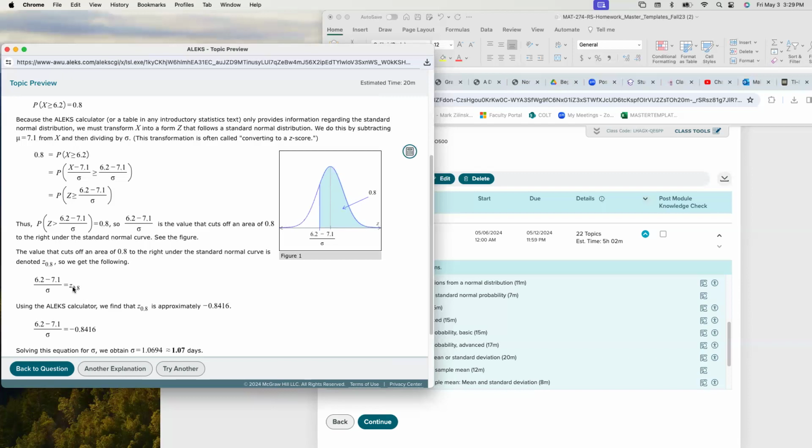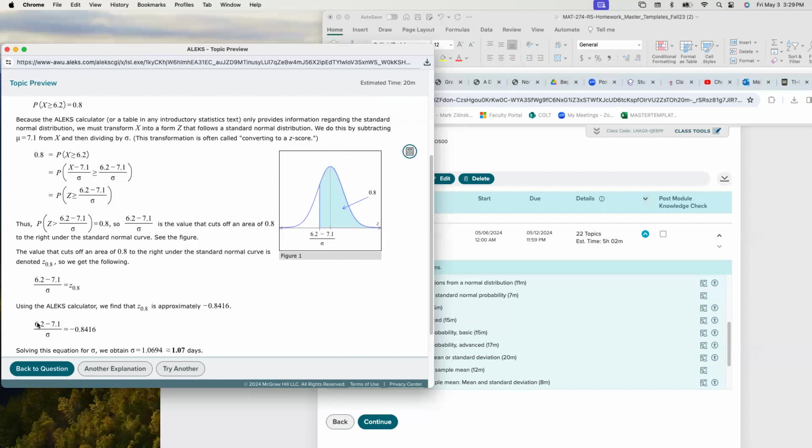So they gave us that area, and given that area, now we can solve this. Really what you have to do is find the z statistic that they imply in this problem, and then set it equal to the formula for z, which again is x minus mu over sigma.